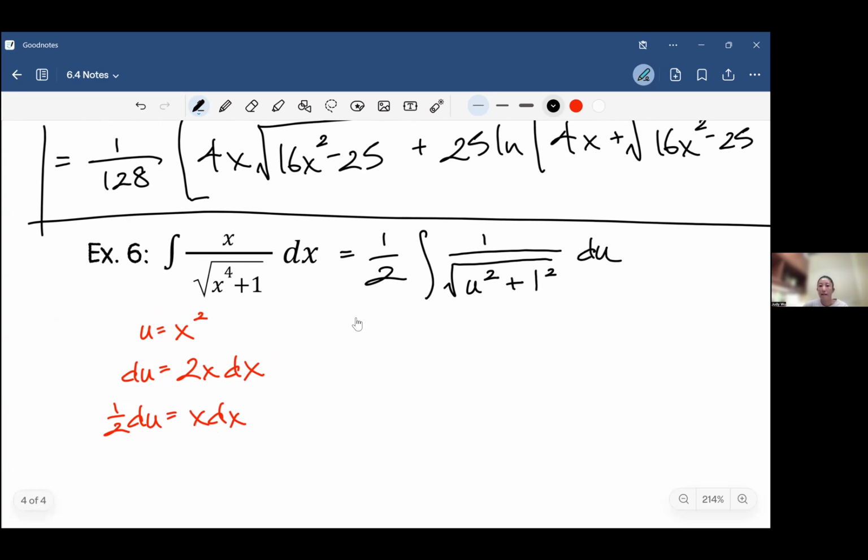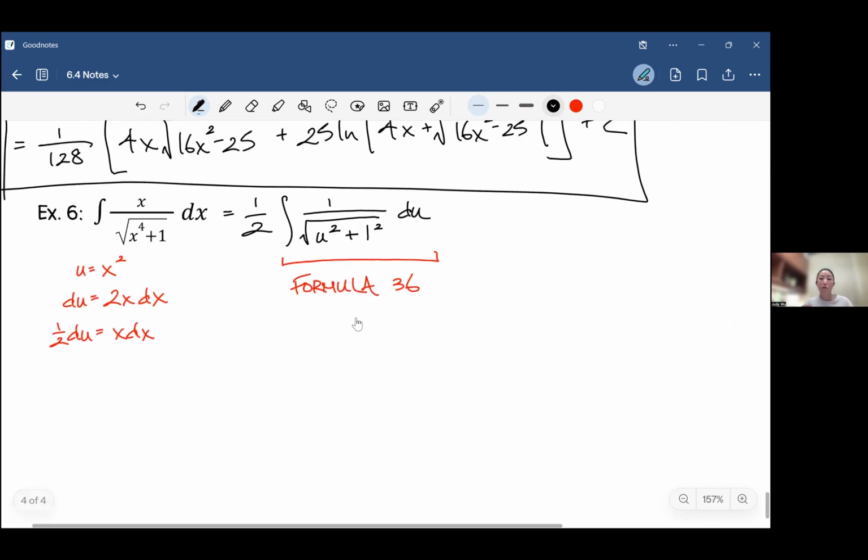The reason I'm going to write it as 1 squared is because if we go to the back of the textbook and look up a formula, I bet we're going to find that formula 36 looks a lot like this one. So even though we know 1 is still just 1, putting that squared on there helps us match the formula a little bit better.